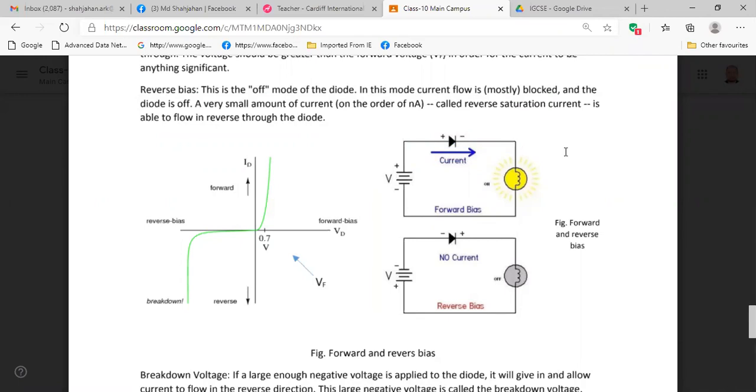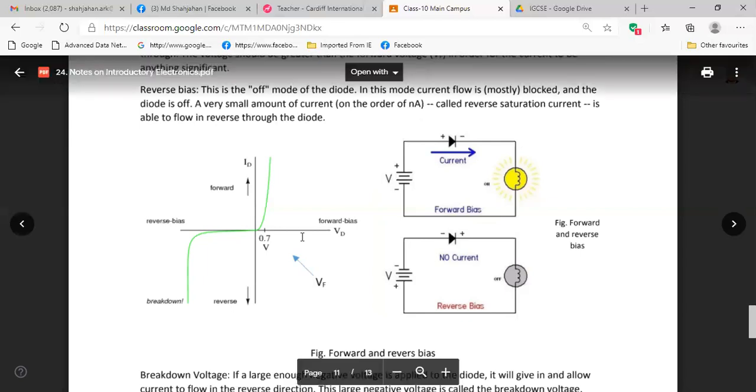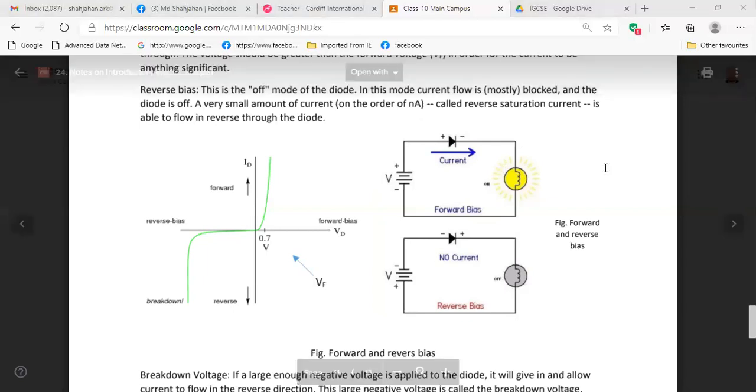A diode is made from semiconducting materials like arsenic, boron, germanium, this type of semiconductors, and they are doped. Doped means they are mixed up, like the one which has outermost shell 4 and the one which has outermost shell electrons 5, we are mixing up to get extra electrons or the gap of electrons. That one is making the P and N junction.